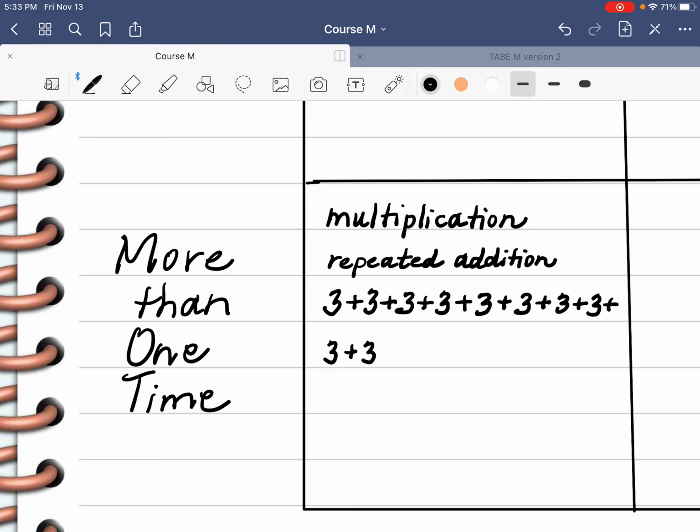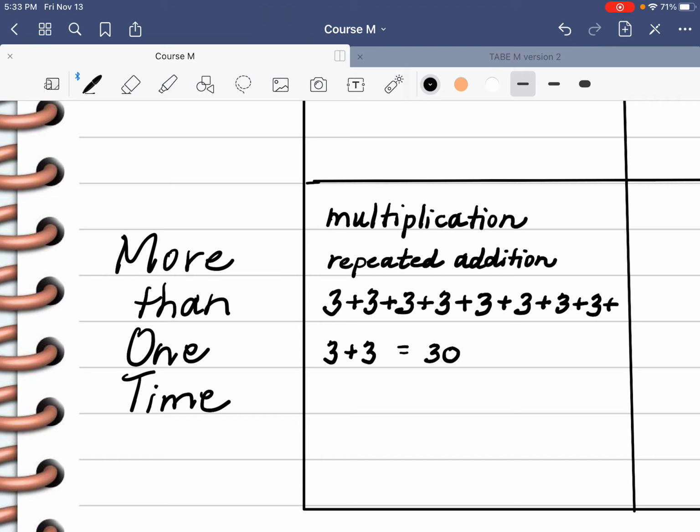So let's count this right here. I'm going to count by 3s. So I have 3, 6, 9, 12, 15, 18, 21, 24, 27, 30. That's 30 cookies that I would need for 10 students.